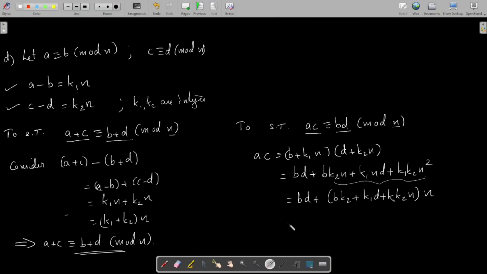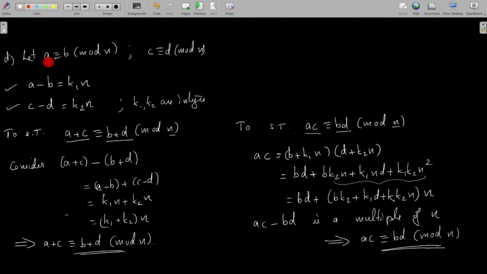So what we get is ac equal to bd plus a multiple of n. Therefore ac minus bd is a multiple of n, which implies that ac is congruent to bd mod n. Hence, if a is congruent to b mod n and c is congruent to d mod n, then a plus c is congruent to b plus d mod n, and a into c is congruent to b into d mod n.